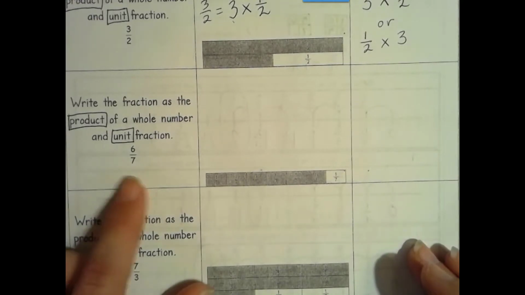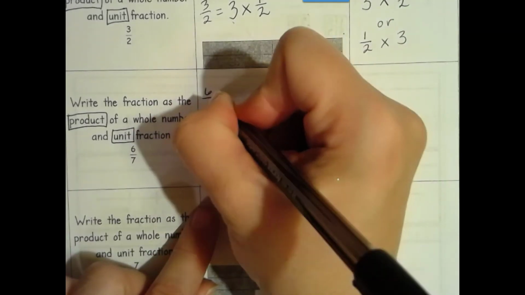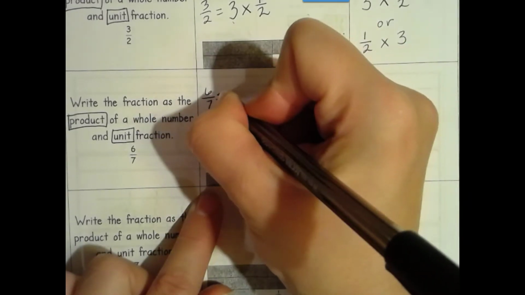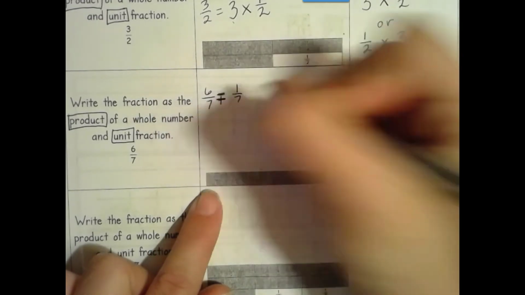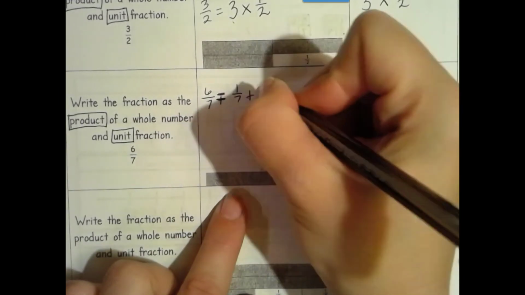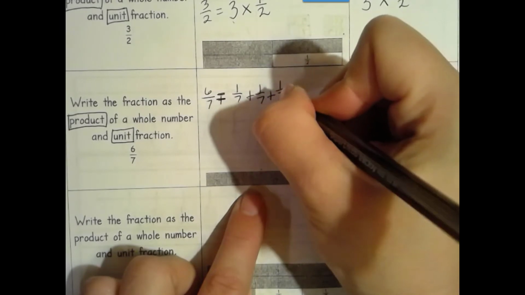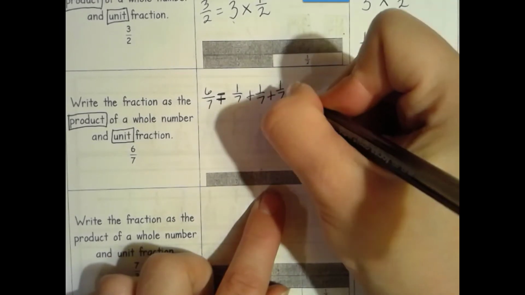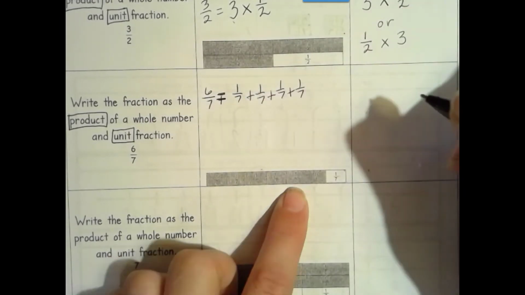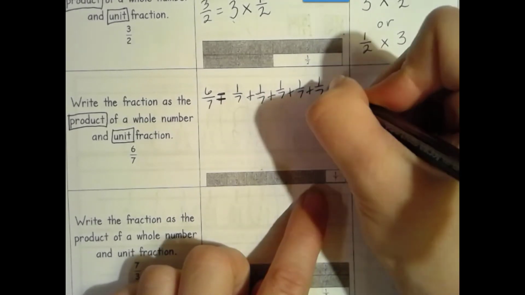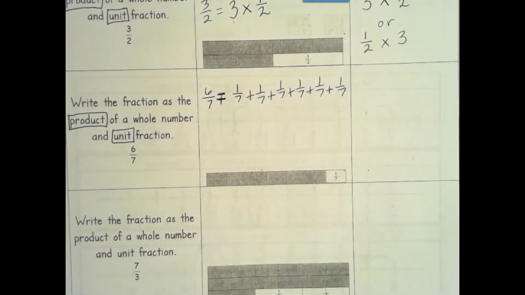Okay, so I'm going to decompose 6/7. Oops, there should be an equal sign. I have 1/7 plus 1/7 plus 1/7 plus 1/7 plus 1/7 plus 1/7.